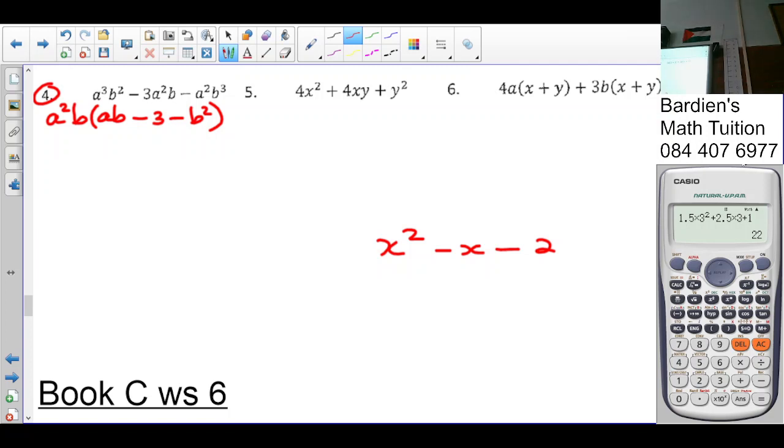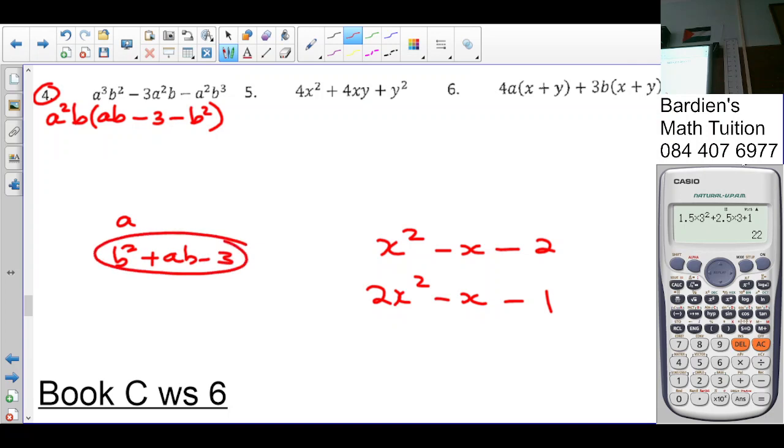If you got 2x squared minus x minus 1, could I draw the product line there? Yes. But why not here? If I rearrange it, then I'm going to go b squared plus ab minus 3. Can you do it then?